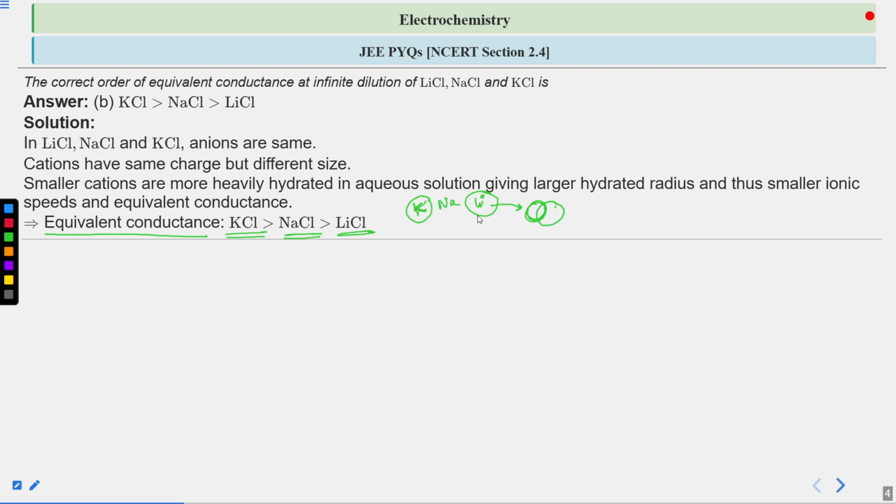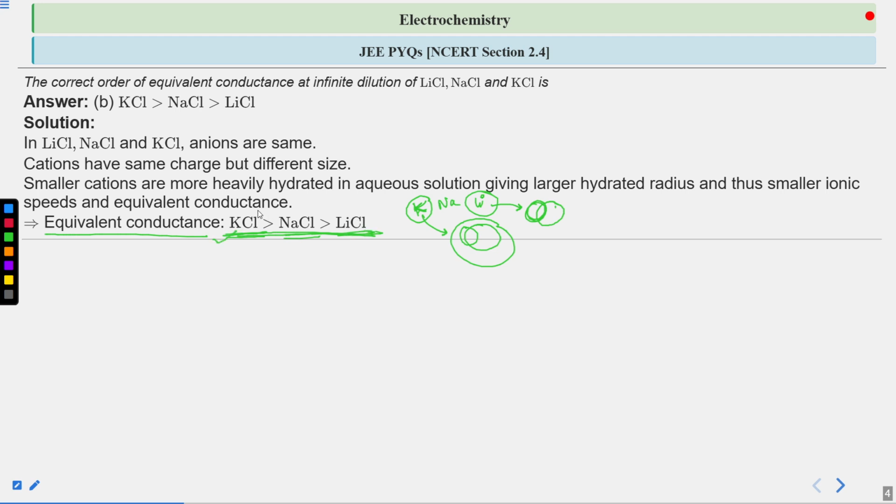When this combines with the water molecule, it will make a larger hydration radius, and the ionic speeds will be affected. So that is why this is the order for the equivalent conductance of the given three compounds.